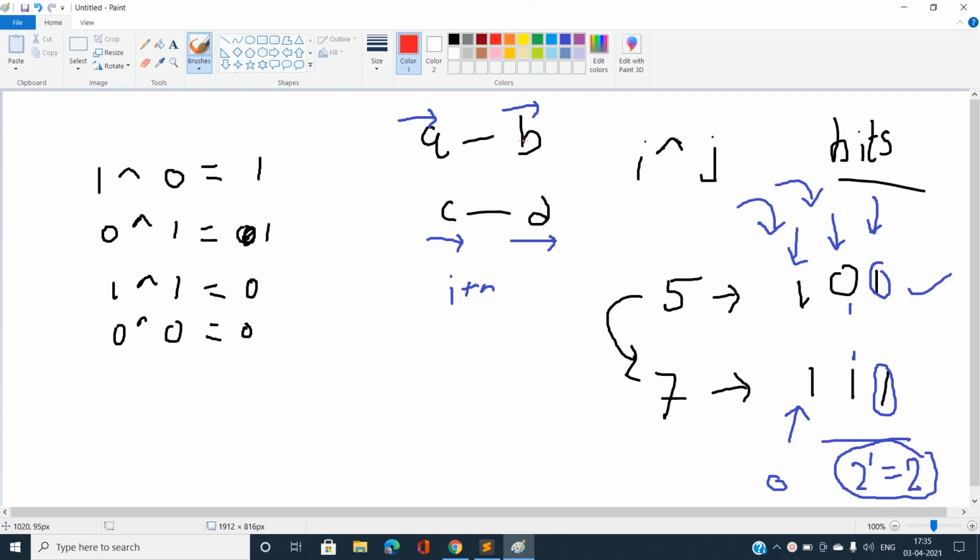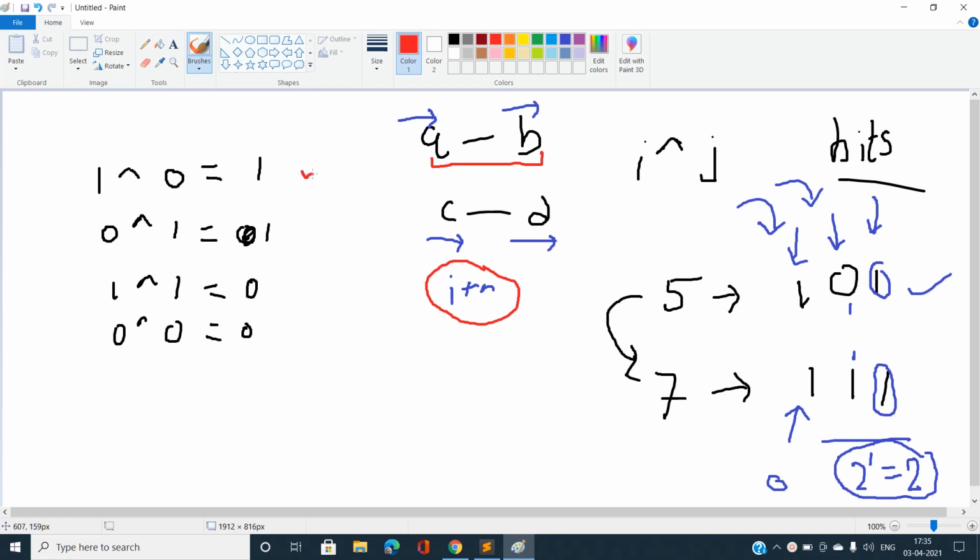So if we are working on the ith position of the bit, let us calculate the total numbers in the range A to B that have the ith bit position as 1. If you are not going to understand this, no need to worry, I am going to just do it like that.